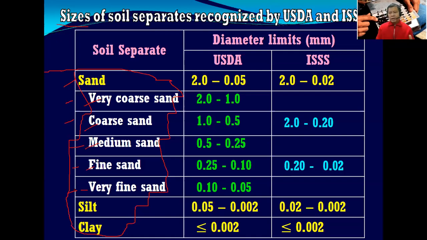Which ones will not hold water? The ones with larger texture diameter of soils. So by now, I want you to please realize that there is meaning in the sizes of soil textural diameter. So please be guided with that.